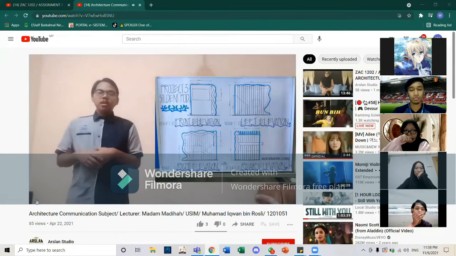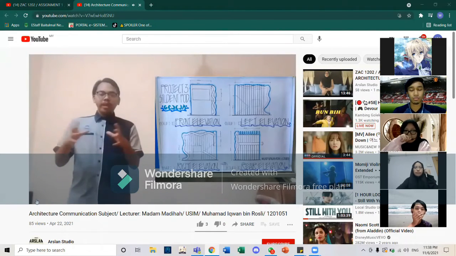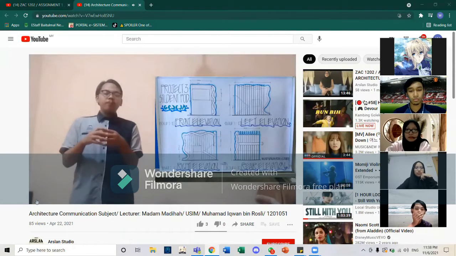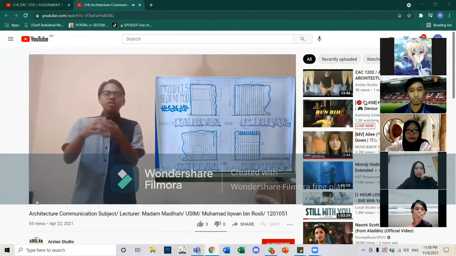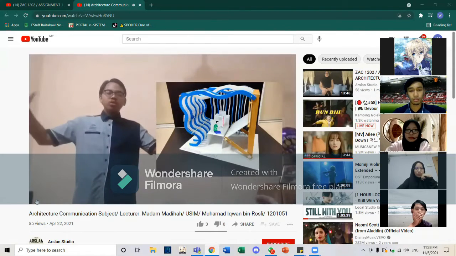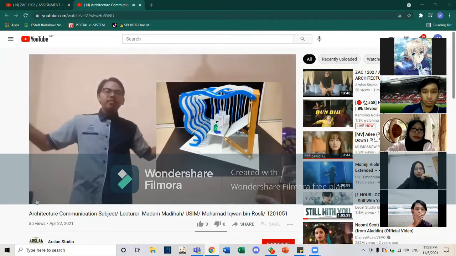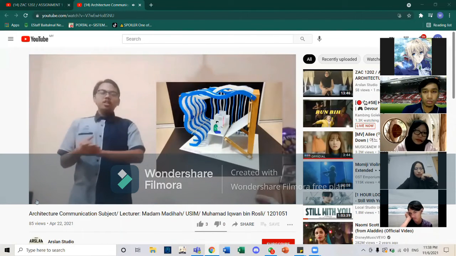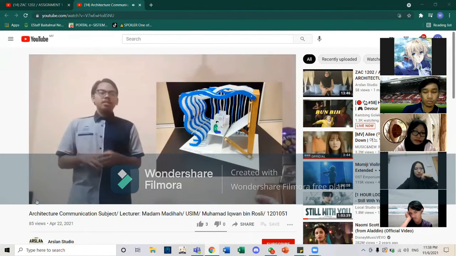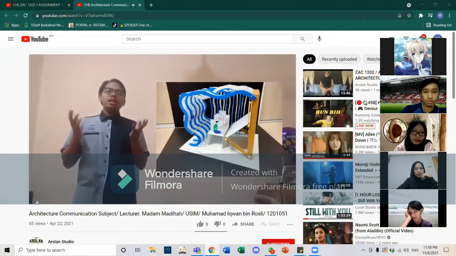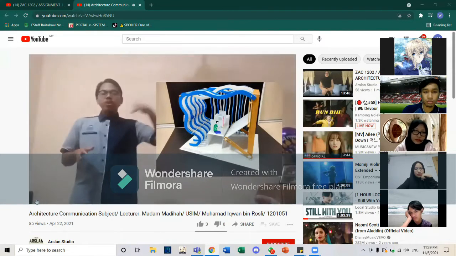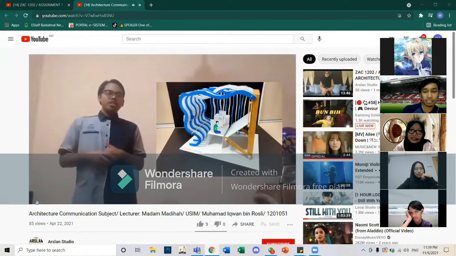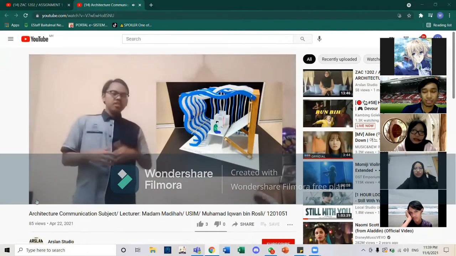From the process of the water wave, which comes from a small form of circle growing to a big form of circle, I cut it into a section. Then it becomes an extraordinary shape, which is a wavy shape. Now he's explaining about the design process, right?